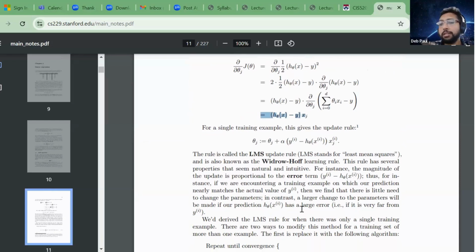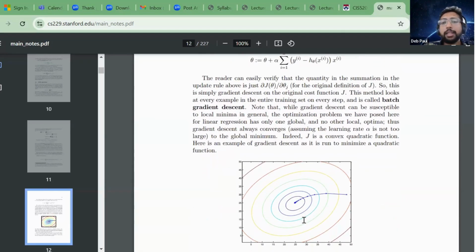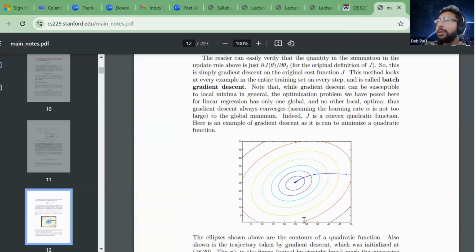I have to take the partial derivative with respect to my loss function, and then I get to this point and update. This is how it looks. There are a lot of these steps, and usually you start at this point and slowly trickle down to the optimal points.